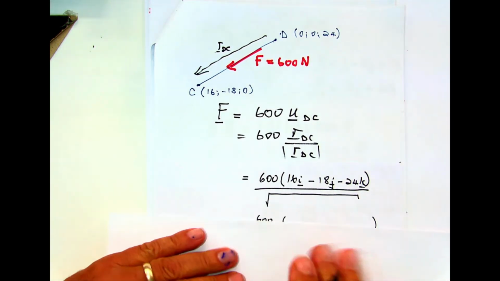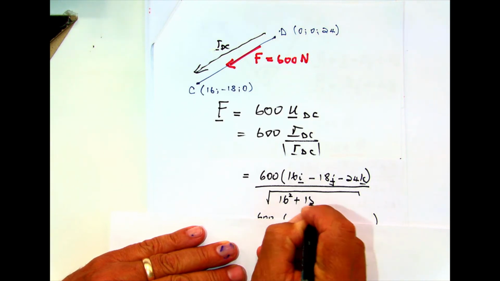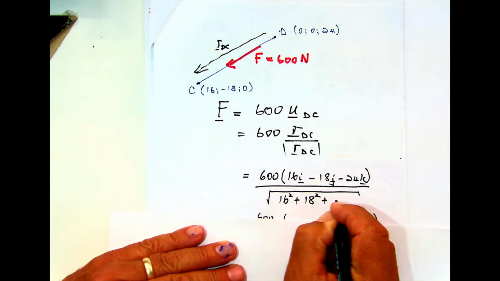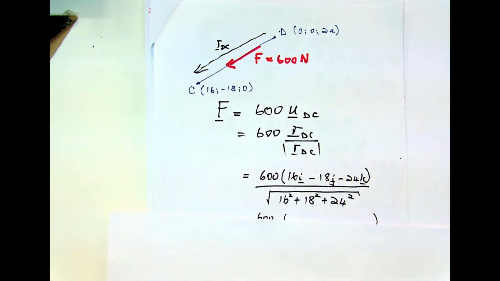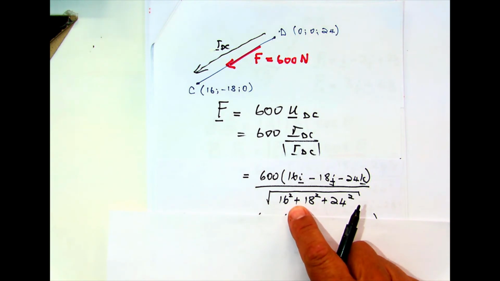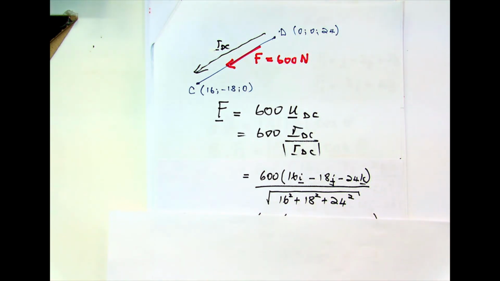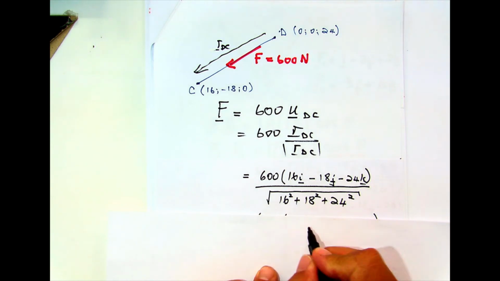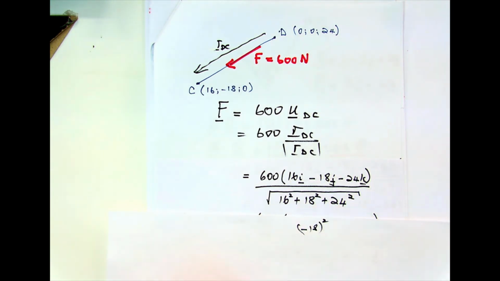Divided by the magnitude, so that is 16 squared, plus 18 squared, plus 24 squared. Note you don't put a minus over here and a minus over there, because it's actually minus 18 squared. Actually it should be minus 18 squared.